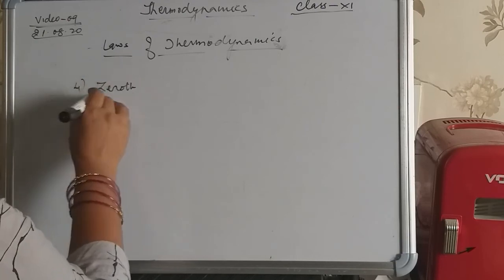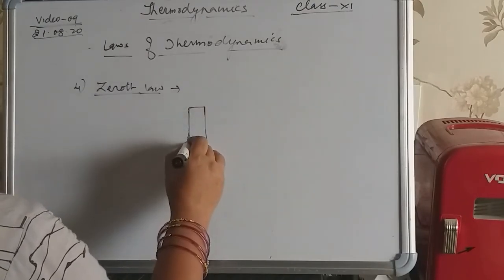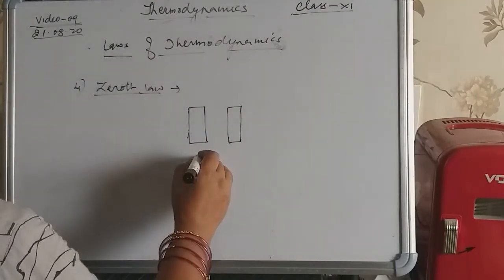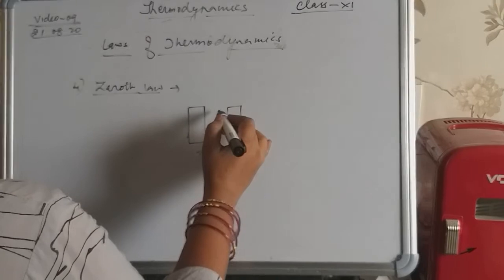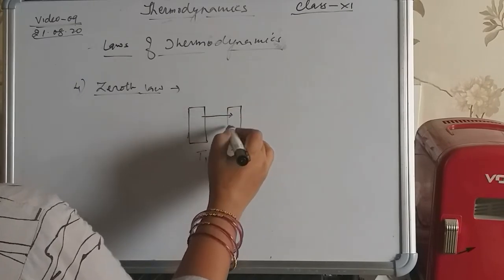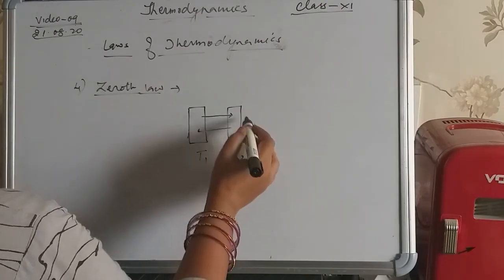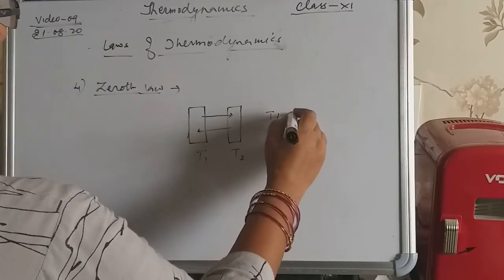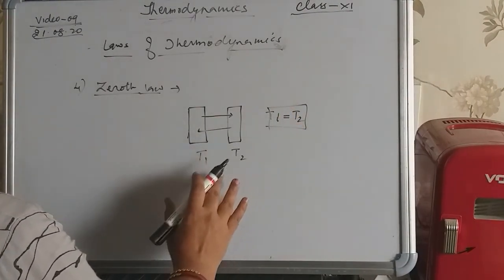The zeroth law explains that when two bodies, suppose this is body A and this is another body B, and the temperature of this body is T1 and the temperature of this body is T2, meaning there is a temperature difference, then heat exchanges from A to B and B to A till it becomes equal.